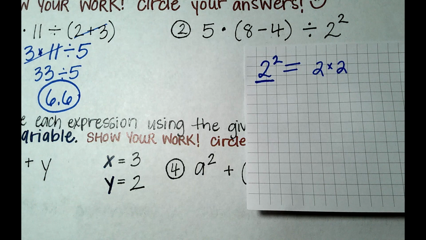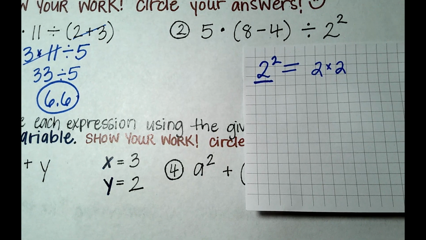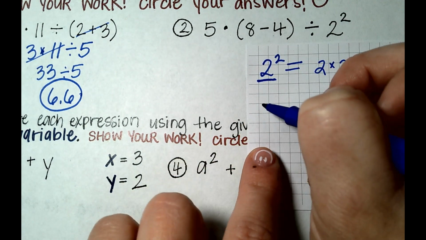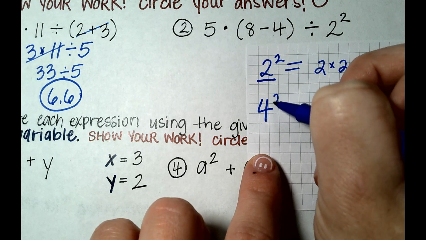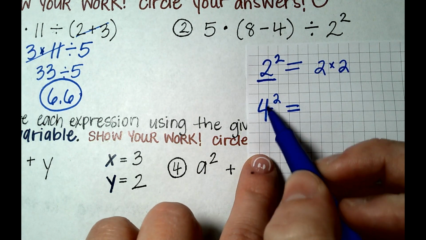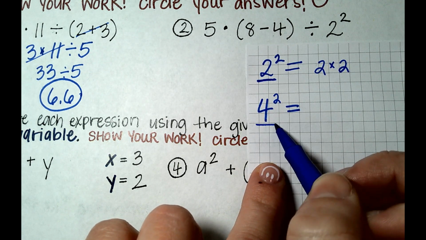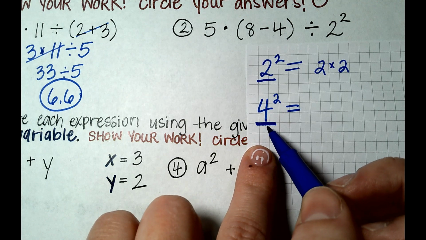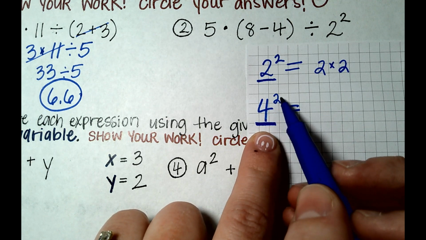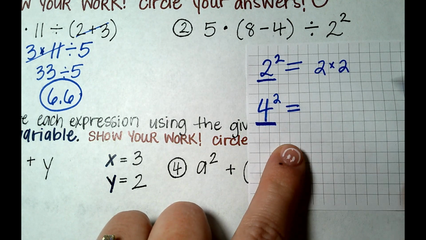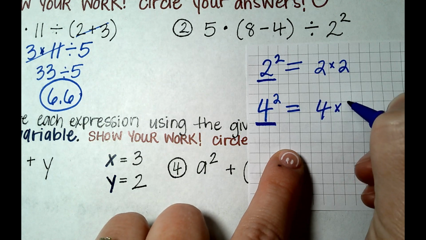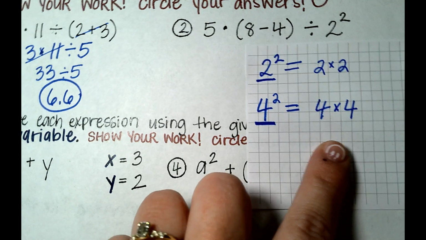That's all it means. Now, here's another example. What if I had 4 squared? My big number is 4. If it's squared, that means I'm going to take 4 two times. 4 times 4. Multiplying it twice.